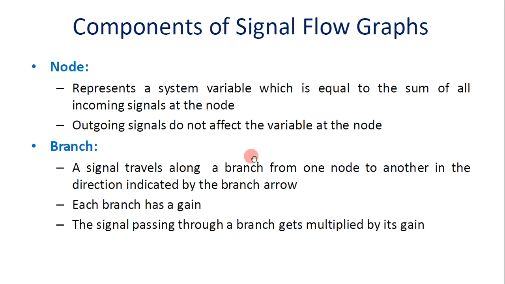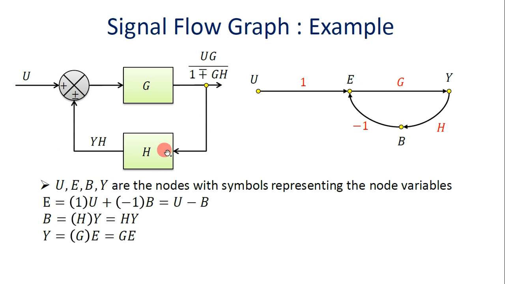In the block diagram we represent with a block, but here we just take a branch and represent the gain on that branch, and the directional flow of that subsystem is indicated by the direction of the branch. So let us convert a block diagram into a signal flow graph.